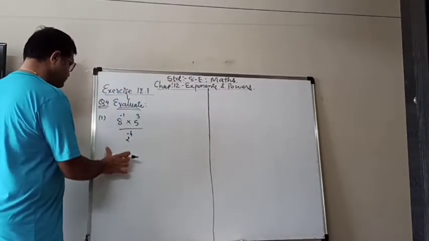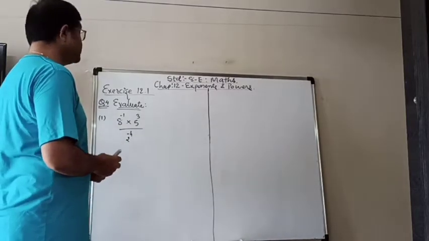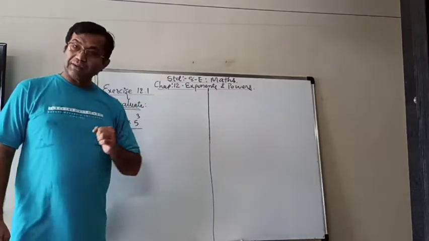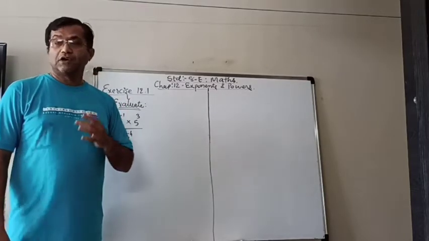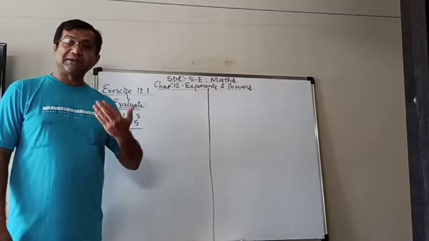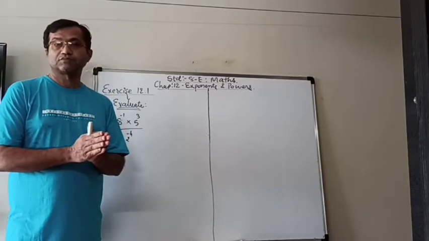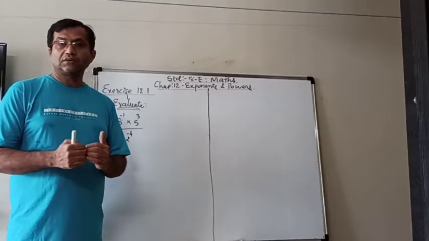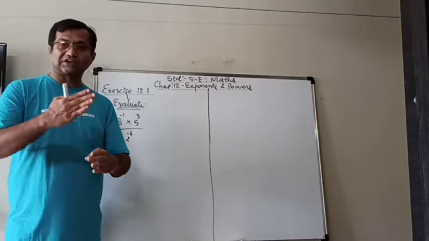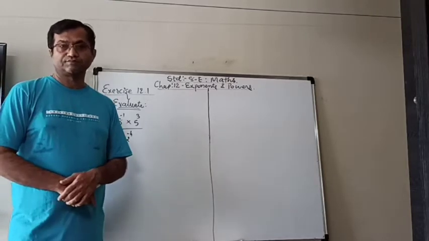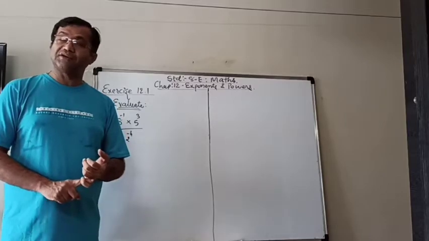Now here, when we have the equal base, then we can apply the laws. So when there are bigger numbers, we have to try to bring them to the same base of either 2 or 3 or 5, means prime numbers. Then it will be very easy for us.